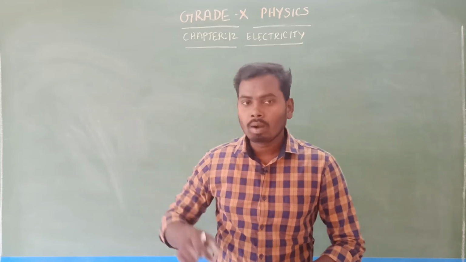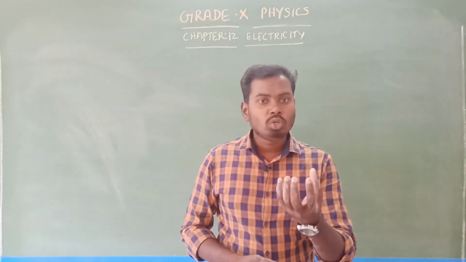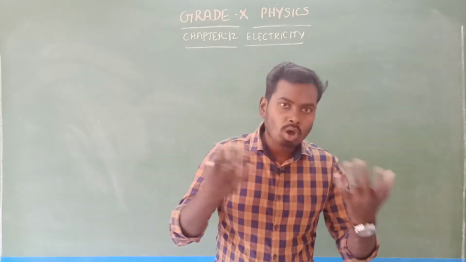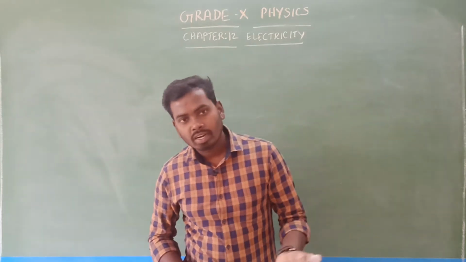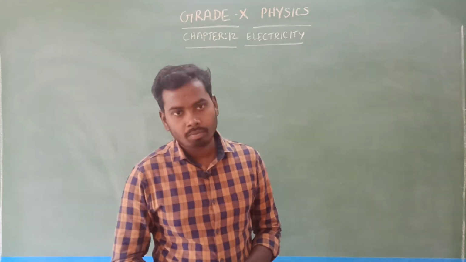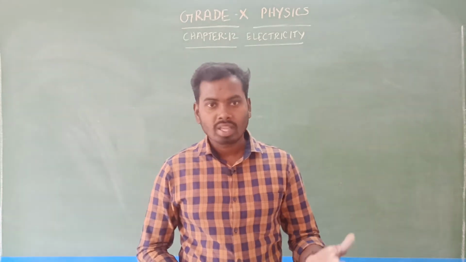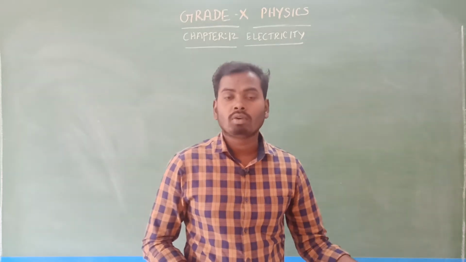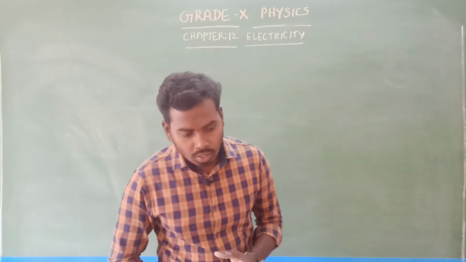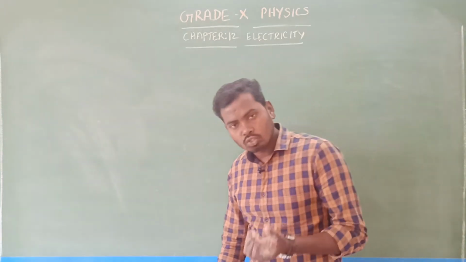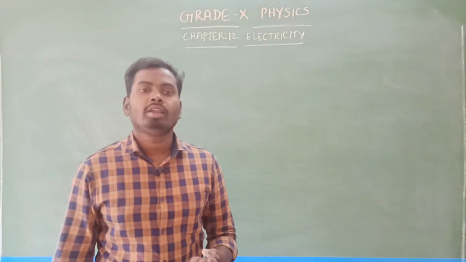For example, the bulb may consume a small amount of power, the fan may consume more, the refrigerator may consume more and more, and the air conditioner and the washing machine may consume even more. So different electrical appliances consume different amounts of electrical energy.